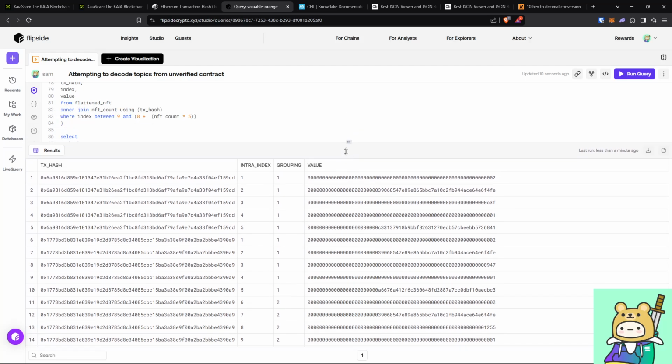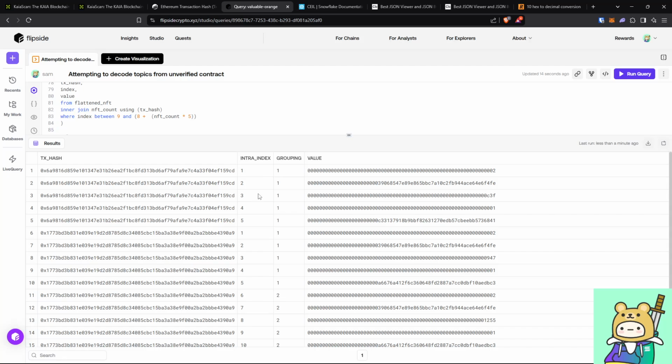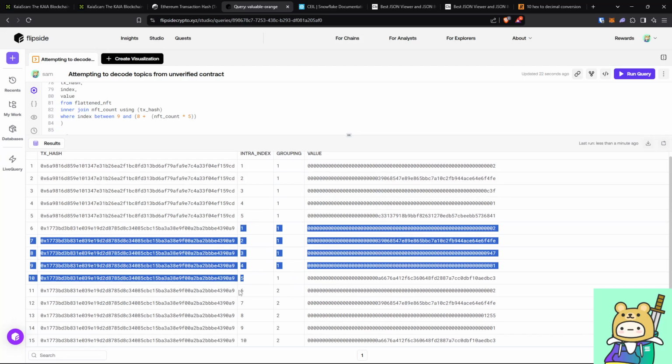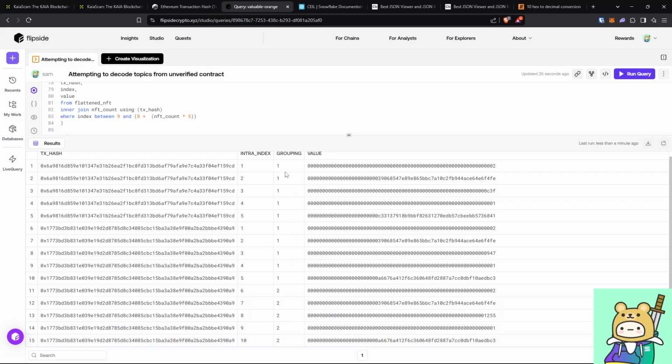Okay. So essentially, because it comes in chunks of 5, I want to group like this together: this first 5, and this second 5, and the last 5 together. And how to do that is you just divide by the number of things in the group. So divide by 5. And 1 divided by 5 will be 0.2.